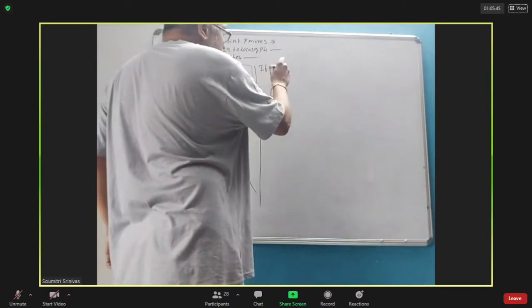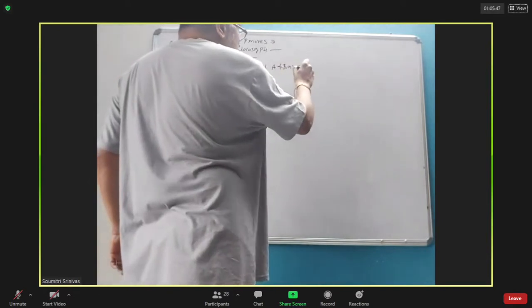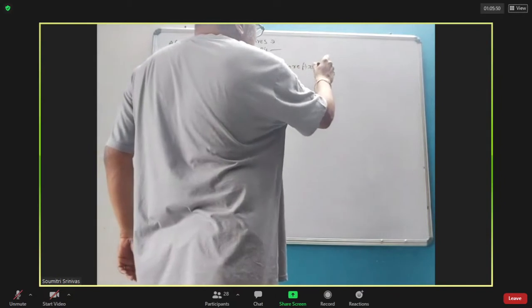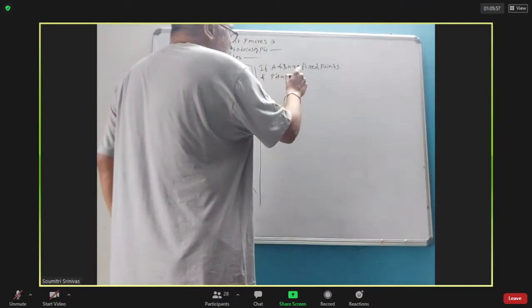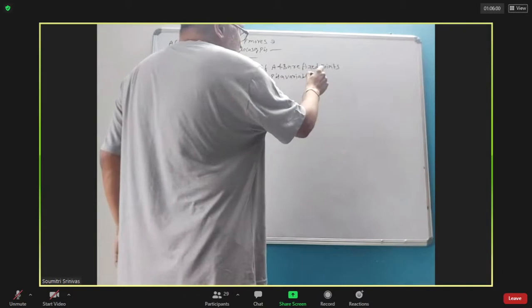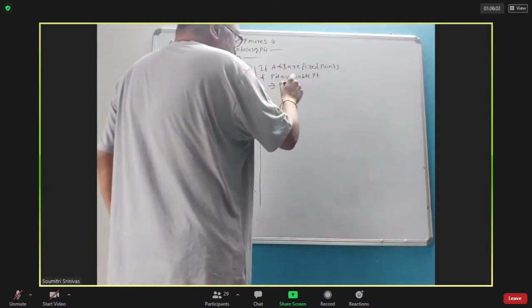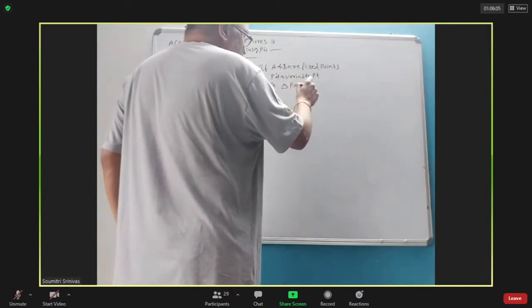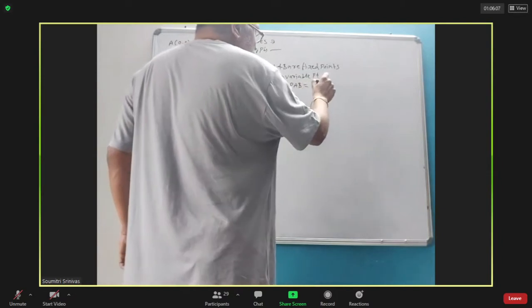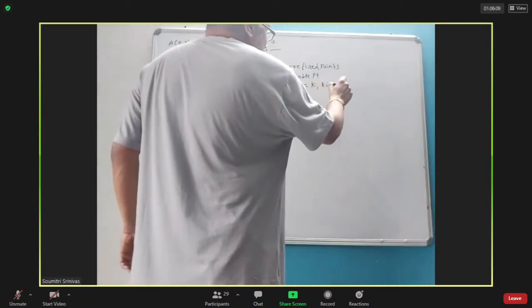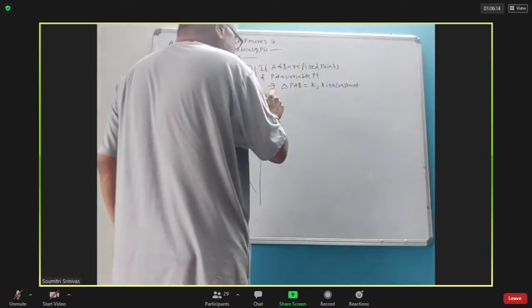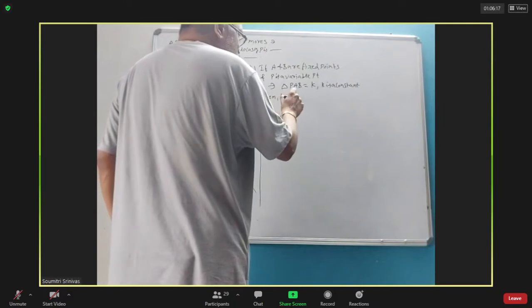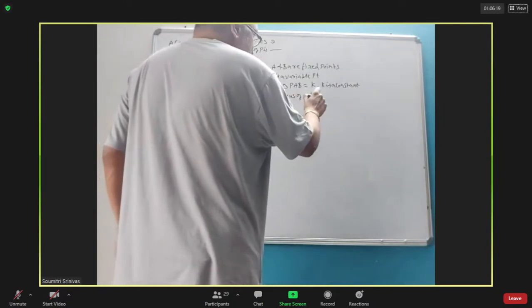If A and B are fixed points and P is a variable point such that delta PAB is equal to K, where K is a constant, then the locus of P describes that.